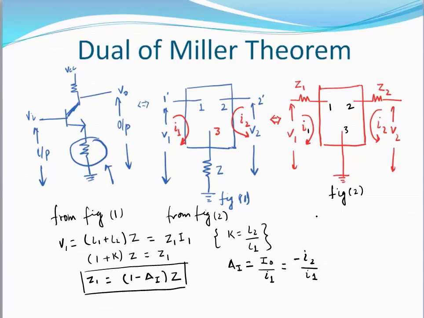In the same manner, we will calculate the value of Z2. We will write V2: from figure 1, V2 is equal to (I1 plus I2) into Z, which is equal to I2 Z2.